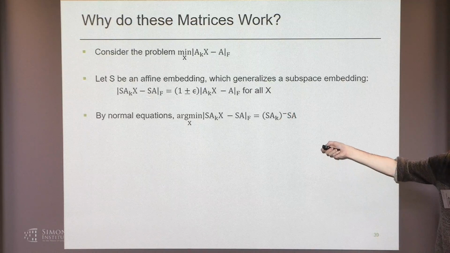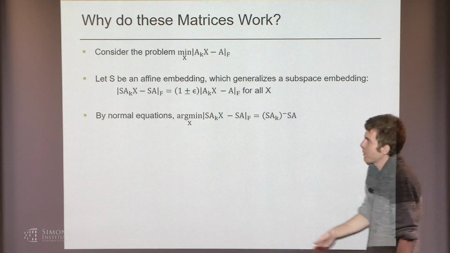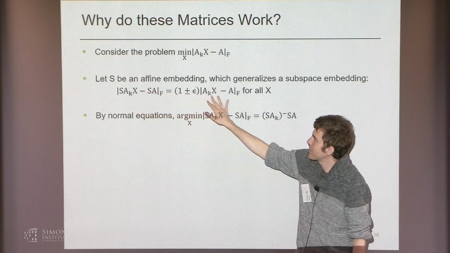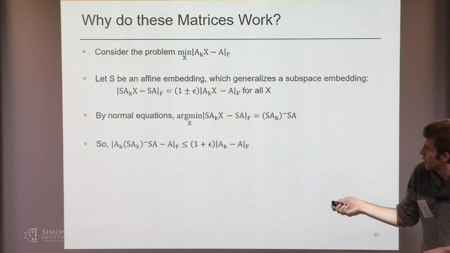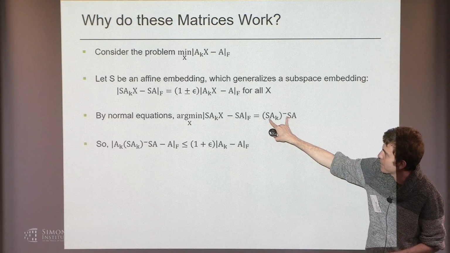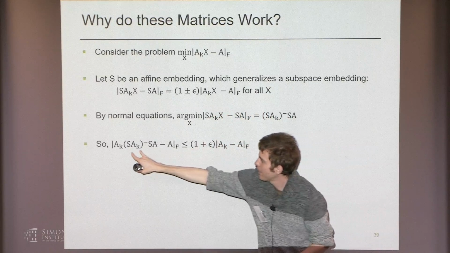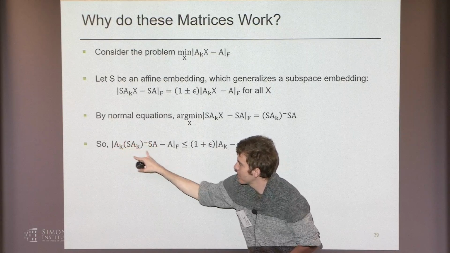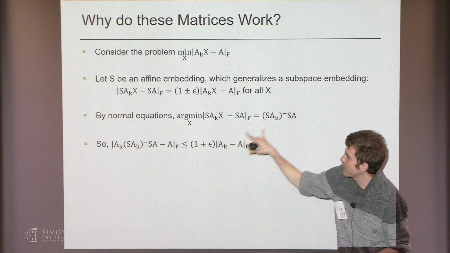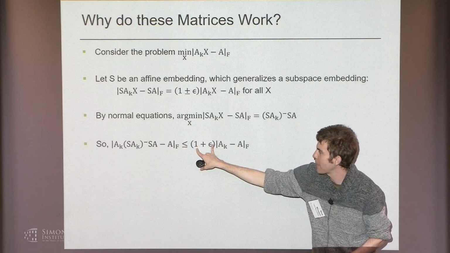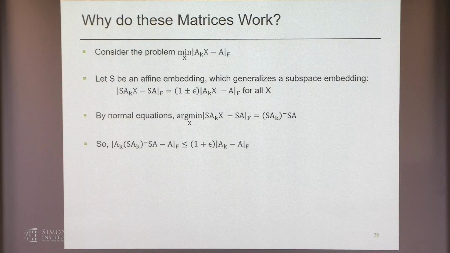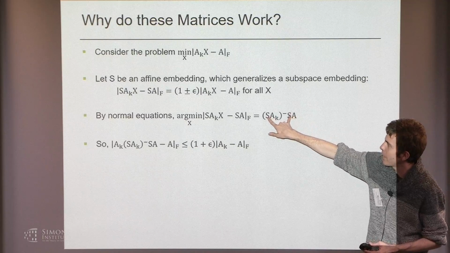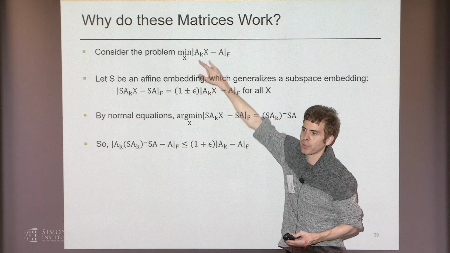And moreover, by this claim here that I didn't prove, we know that any solution I get here gives me a 1 plus or minus epsilon approximation if I plug it back into the original problem. So if I take this solution X and plug it back into this original problem, then I get A_k times this solution, (SA_k) inverse SA, minus A is less than 1 plus epsilon times the optimal solution cost. All I did is I took this solution to the sketch regression and plugged it back into the original hypothetical regression problem.